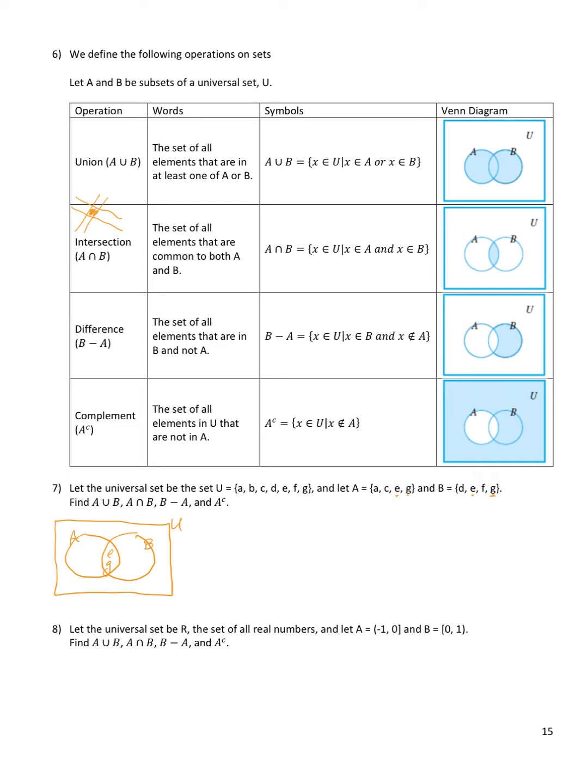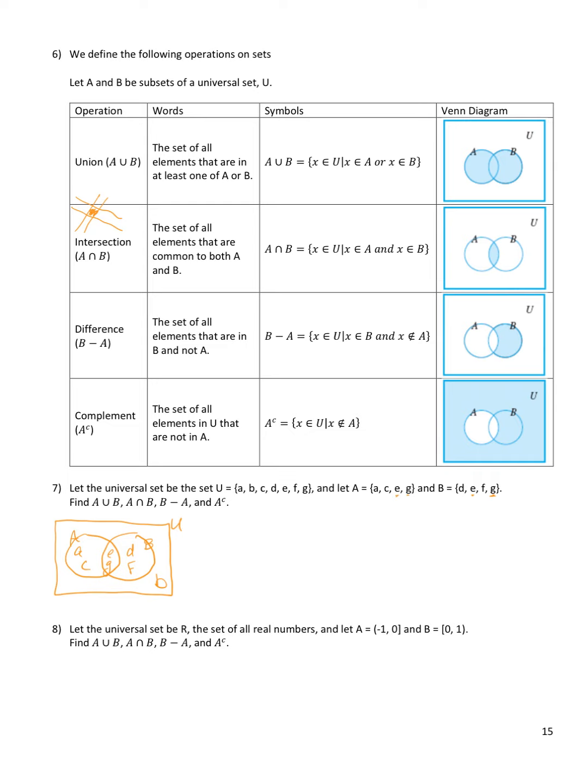Okay, and then A, in addition to E and G, also has A and C, and B has D and F. And is that all the letters in the universal? No, there is B missing. A, B, C, D, E, F, G. So there's a B outside here that's not in either A or B.